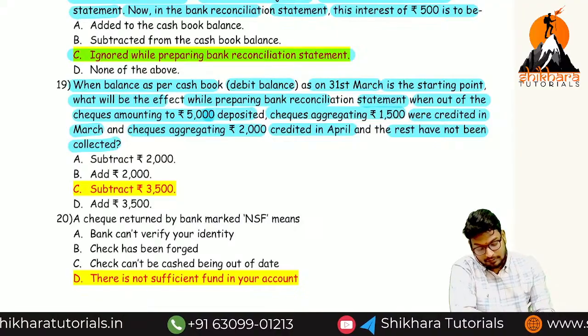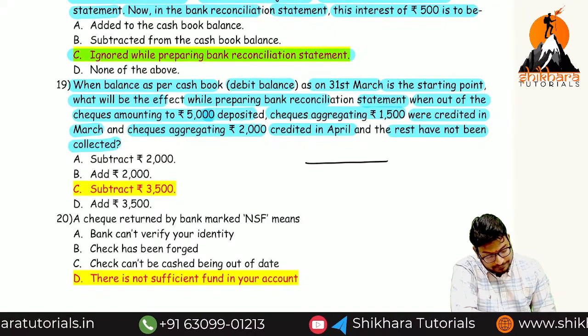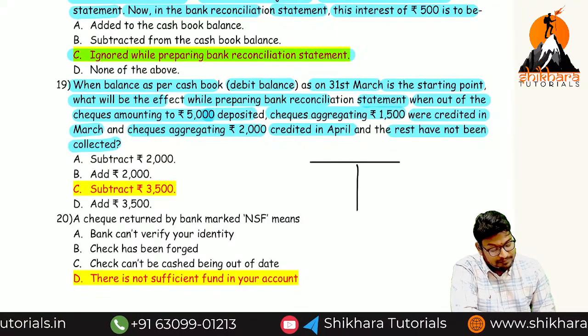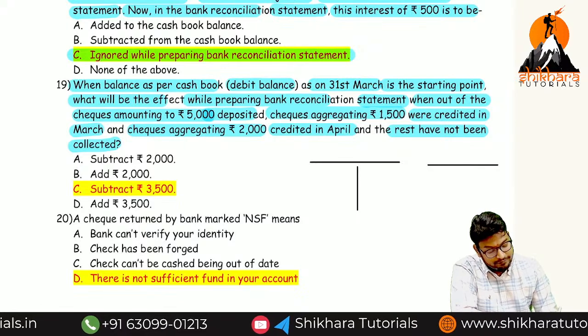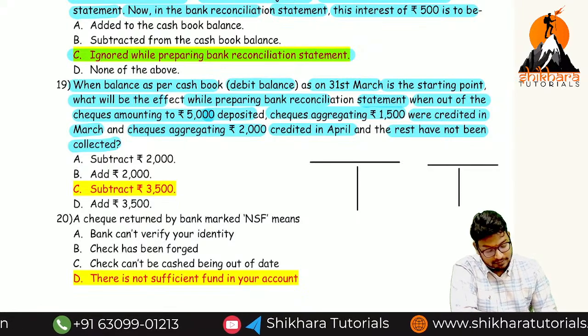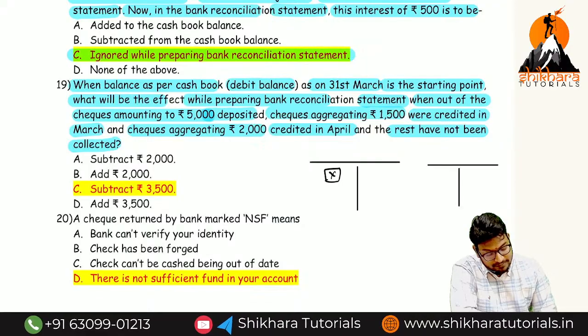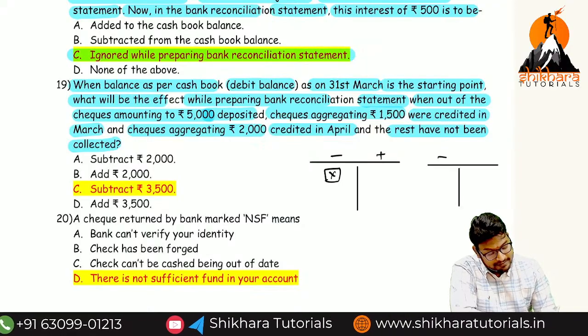So first, what is the given balance? Favorable balance as per cash book. So that means here the balance will be there. So minus, plus, minus and plus.